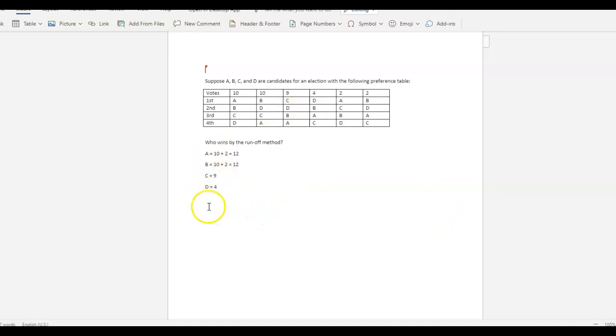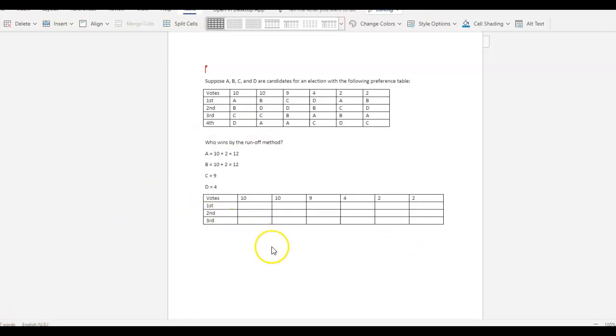All right, so I'm going to make a new table, and I'm going to eliminate D from that table. I went ahead and put a new table here, and let's notice that I kept the votes going across exactly the same, but now I have just first, second, and third in my table.